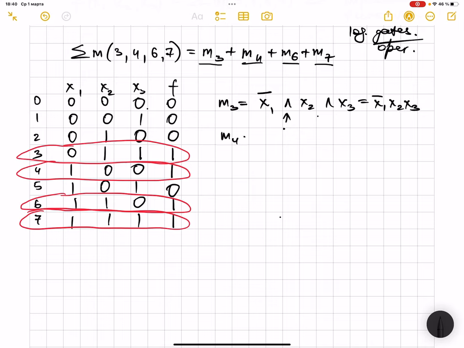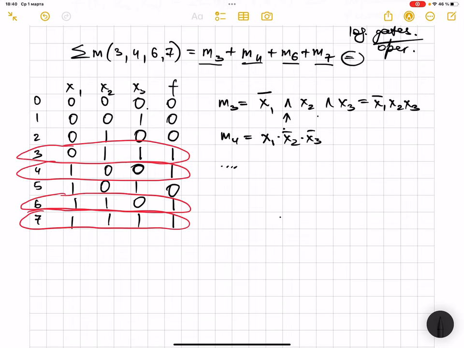So as you guess, M4 is going to be what? x1 is 1, so x1; x2 is 0, so x2 bar; and x3 bar, because this is AND, right? Because here we have 0. And so on.